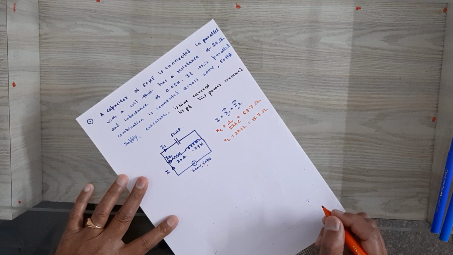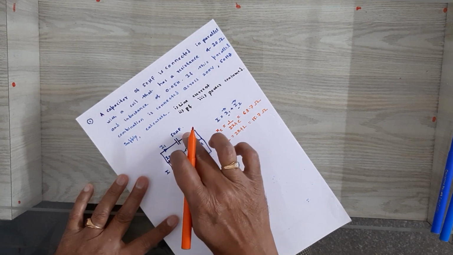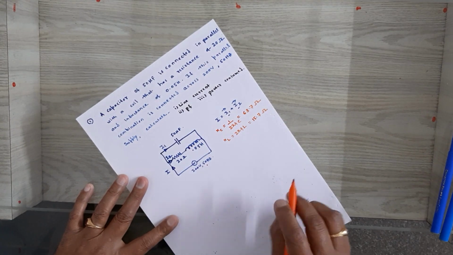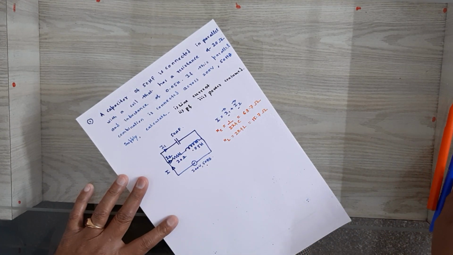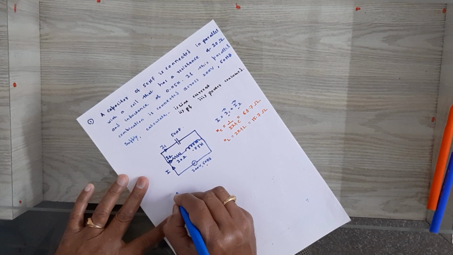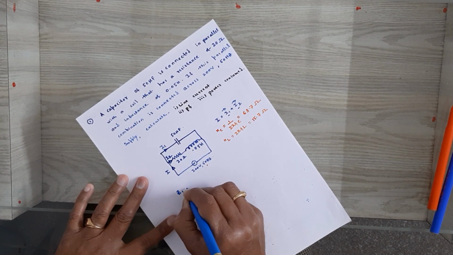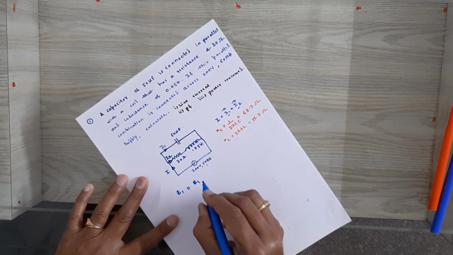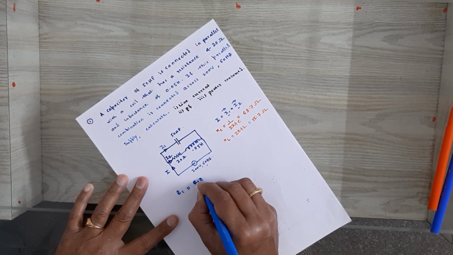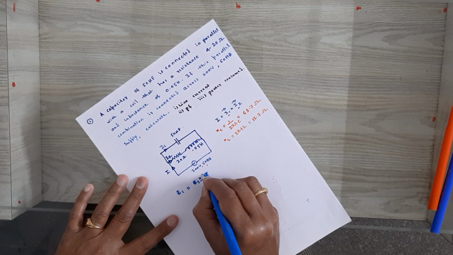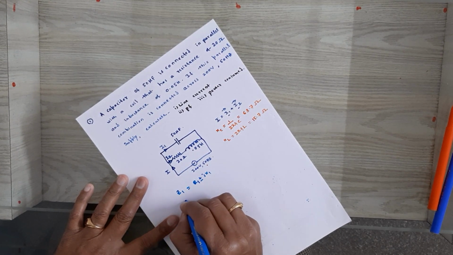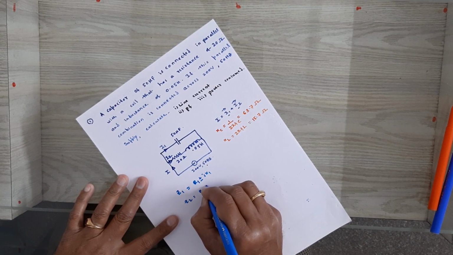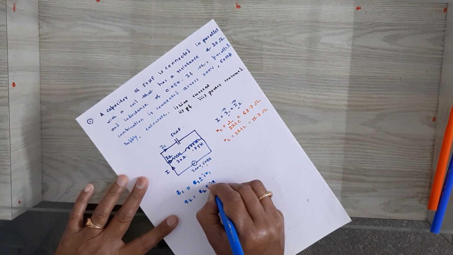Then you can write the impedance of the first branch and the impedance of the second branch. What is the general formula for Z1? Z1 is equal to R1 plus or minus say X1, and Z2 is equal to R2 plus or minus say X2.